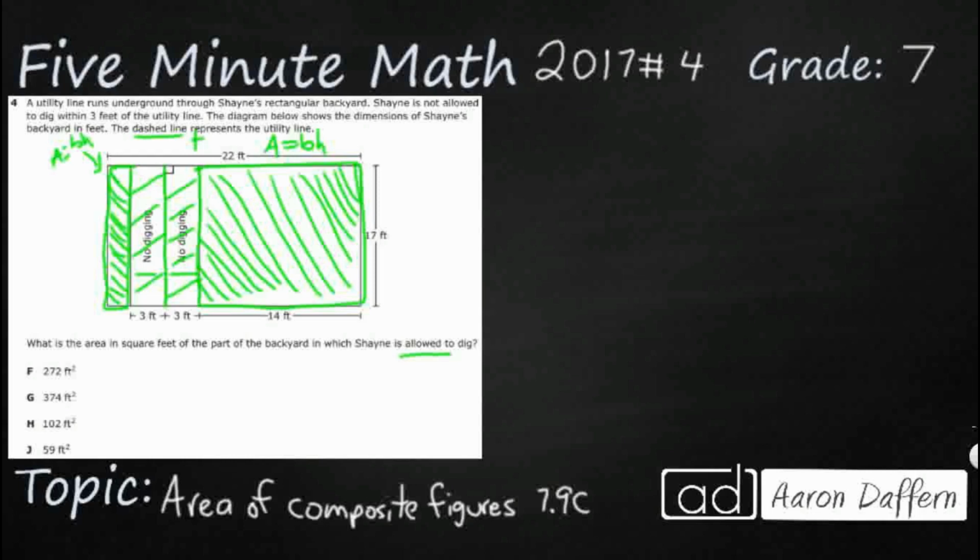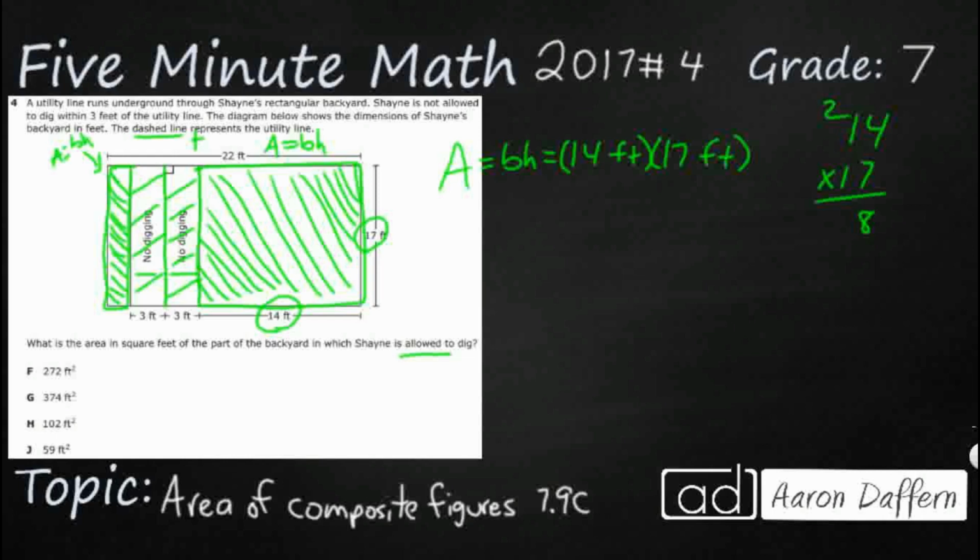So let's start with this big one. This big one's going to be pretty easy because they go ahead and give us that 14. They give us the 17. So that's base times height. My base is 14 feet. My height is 17 feet. And we just need to multiply those two. It's basic 2 by 2 multiplication. 7 times 4 is 28.